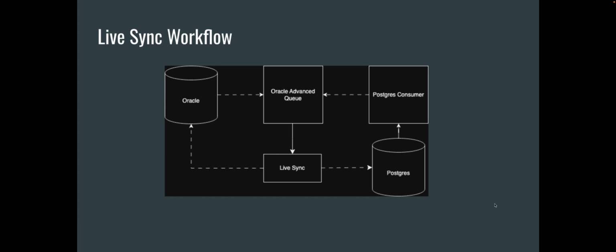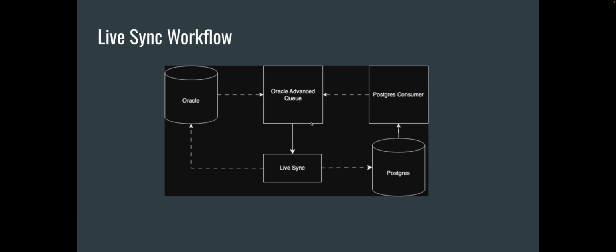So basically, if the record is coming from Postgres, makes its way back to Oracle, Oracle in turn should not add that back to the queue, because otherwise, these two will keep attempting to add that same record back to Postgres and create an infinite loop here.